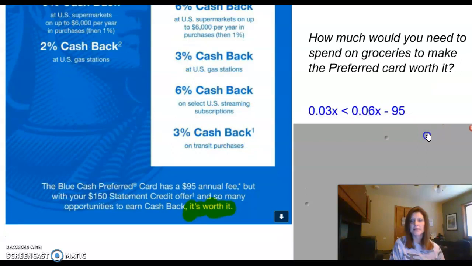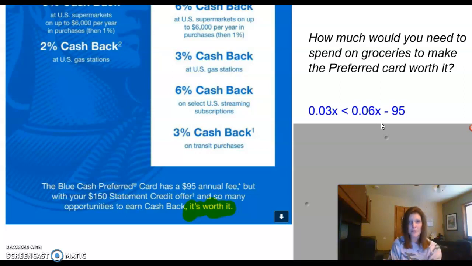If I say that X is the amount I spent, I want to know when is 3% of that total cost less than the 6% of the total cost minus that $95. Because the 3% times X is how much I'm getting cash back with my everyday card. The 6% X is how much I would get with the preferred card.